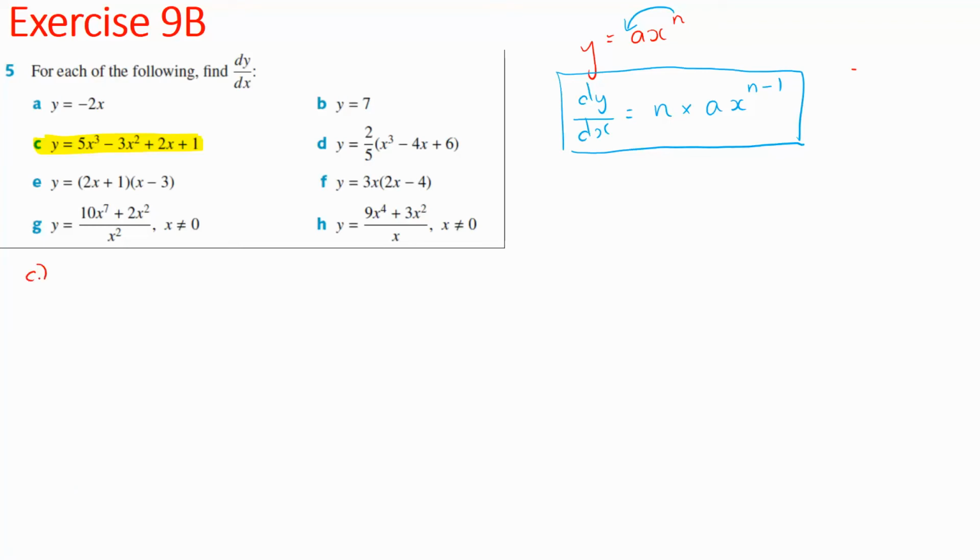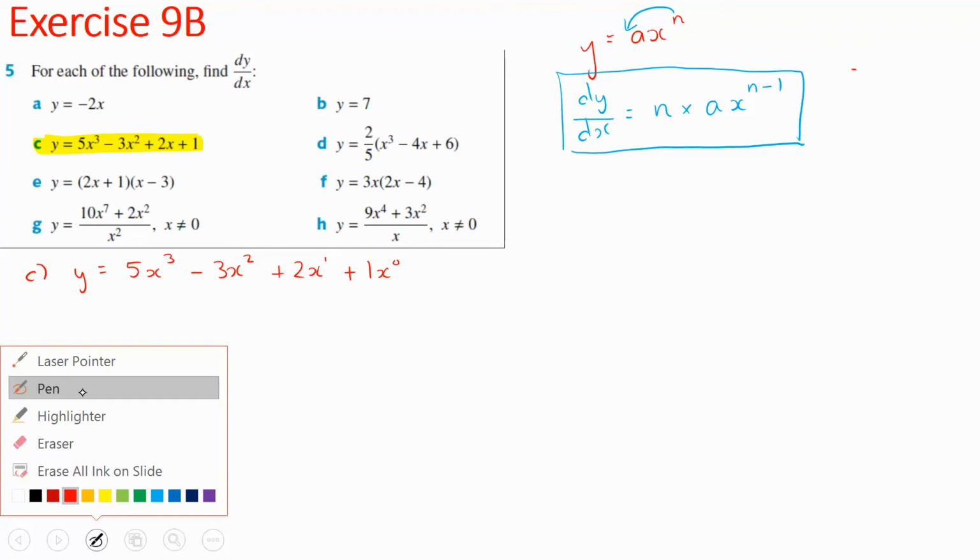So 5C: y equals 5x to the power 3 minus 3x to the power of 2 plus 2x, technically to the power of 1, even though you don't write it, and then plus 1, technically x to the power of 0, even though you don't write it, because x to the power of 0 is 1, right? See how I wrote it out just so that you could see how we're going to use this rule.